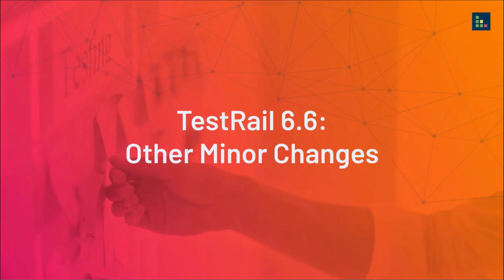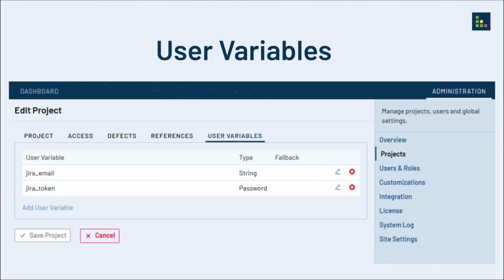So, and then finally, another minor change for TestRail 6.6, user variables, which I mentioned earlier, which are used for configuring projects and user credentials for projects. These have been separated into a tab for your integration settings and are also available within projects.